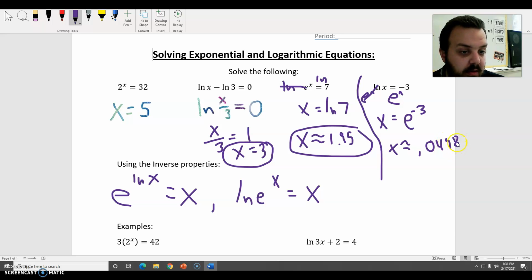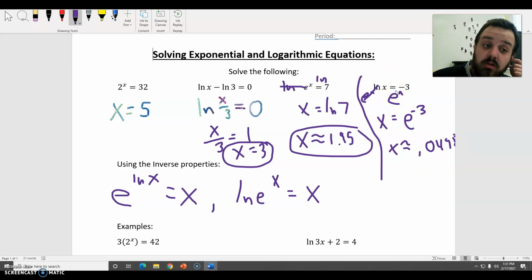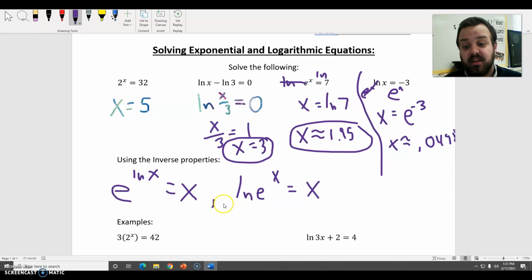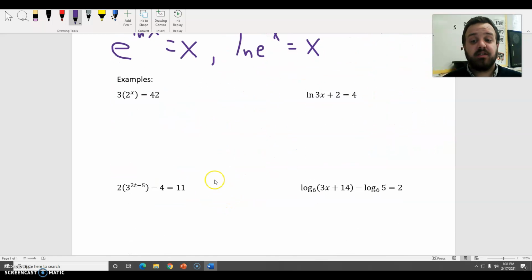So we can see how using this we can solve these problems now, very similar to how you would solve a linear equation, using these inverse operations to solve it. Let's look at a couple examples of things that you might be asked to do.